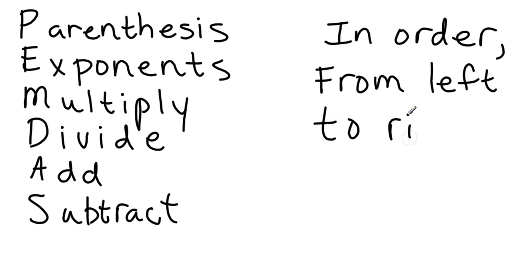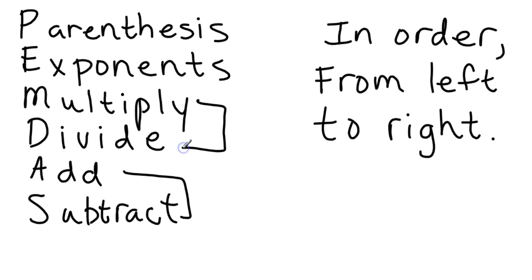So if you end up with an addition and a subtraction, or you end up with a multiplication and division side by side to each other, we will go from left to right. And I'll give an example of that here in just a minute. Parentheses, exponents, multiplication, division, addition, and subtraction, all in order from left to right.